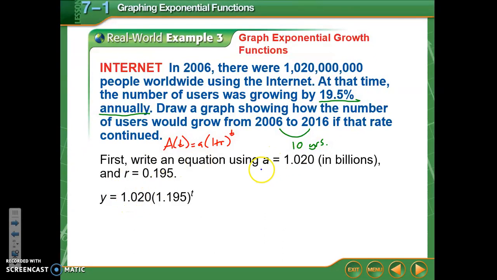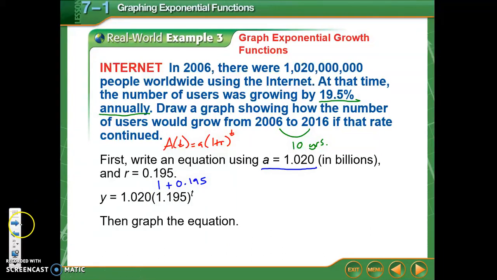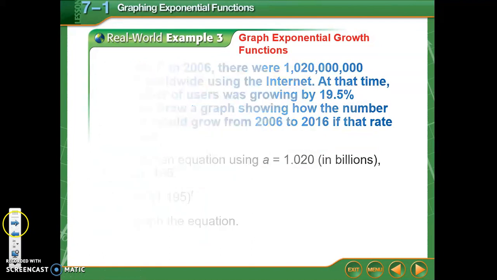So A here is 1.020 billions, and we can do that. My rate here is 0.195, but remember here in my parentheses I have 1 plus 0.195. So that's where they get this 1.195 here to the t. Then I'm going to graph my equation in this case because they're asking us to draw a graph.